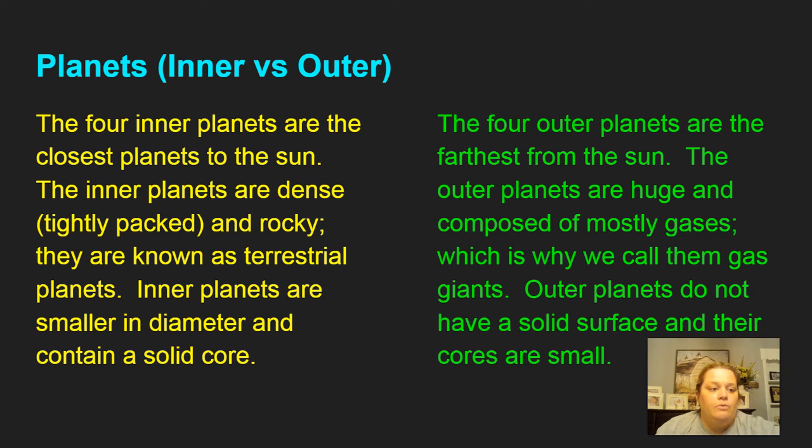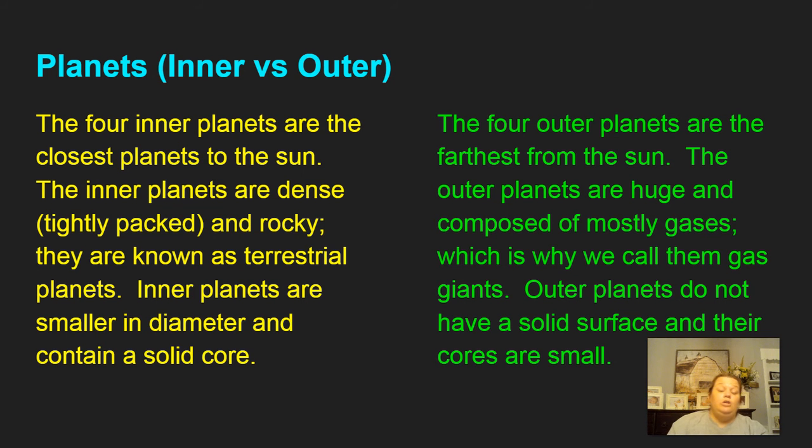It's kind of like if you were to compare the softball to one of those big kickball things that you find at Walmart. This would be your four inner planets, and the bigger, even a basketball, would be what you would classify as an outer planet. And the outer planets are the ones that are furthest away from the sun. You have your inner planets, and then you have your asteroid belt, and then you would have your outer planets.